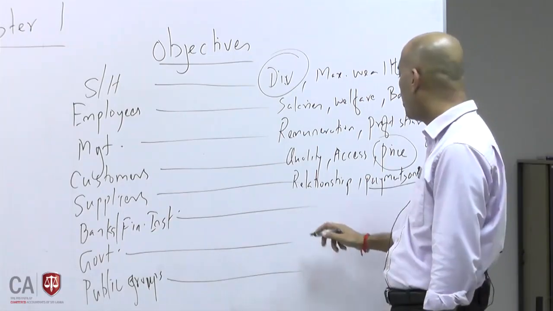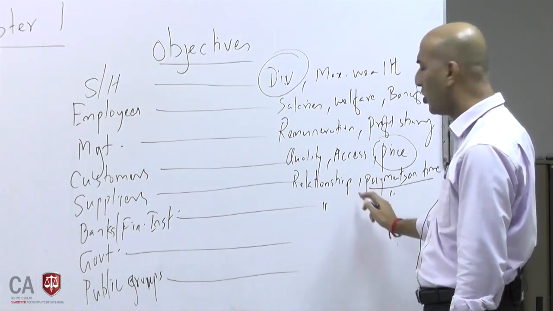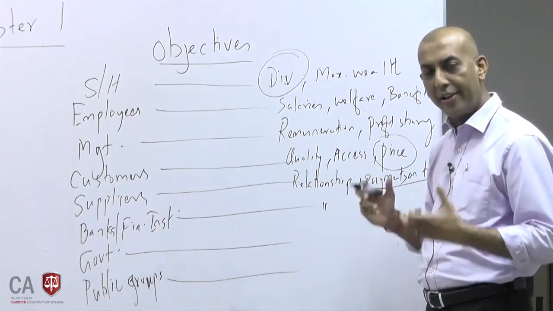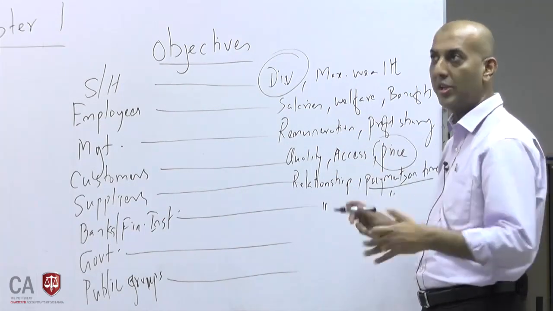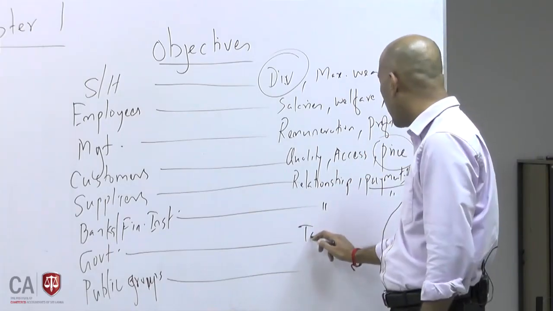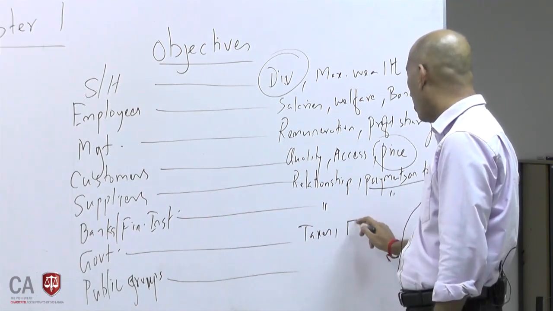Banks and financial institutions, I would say similar to suppliers, they also want payments on time, capital and interest both. And the relationship. They would like to maintain a relationship with you continuously, so that we also grow, they also grow. Government, as we all know, is about taxes, and you will have employment.